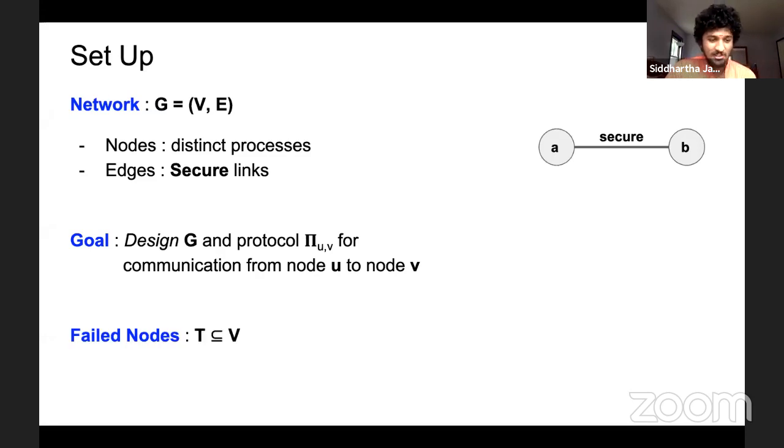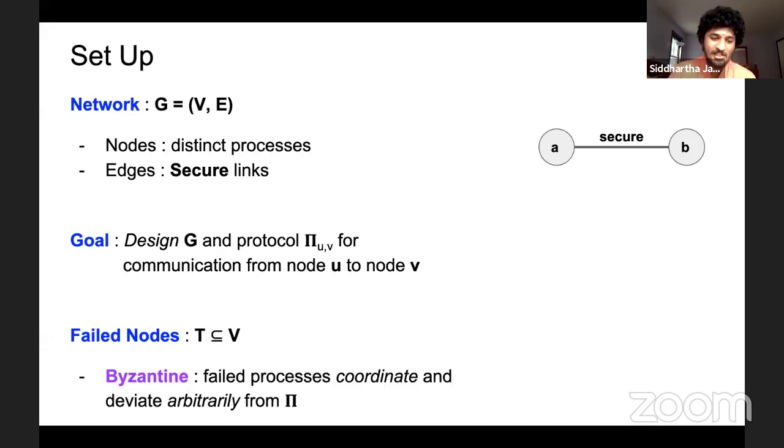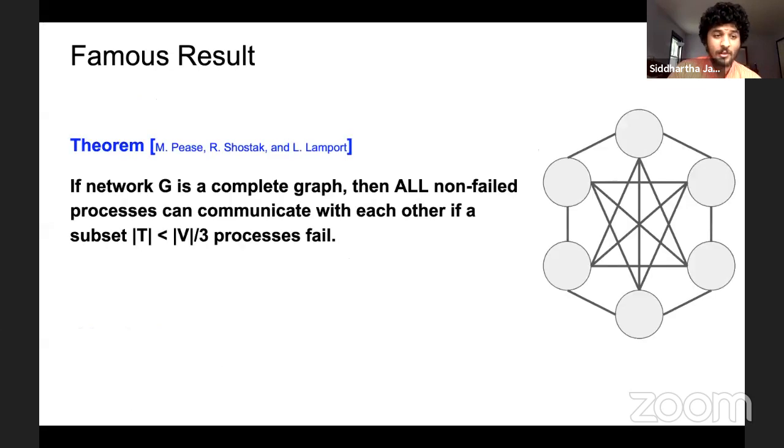And the difficulty is that we're going to be faced with failures. And so we'll denote by T the set of failed nodes, and failures are Byzantine, meaning that the failed processes can coordinate and deviate arbitrarily from the protocol pi. So there's a famous result in this field. And traditionally, the secure communication is studied when nodes are connected as a complete graph. And in that case, if the number of failed nodes T is less than 1/3 of the total number of processes, then all non-failed nodes can communicate with each other.